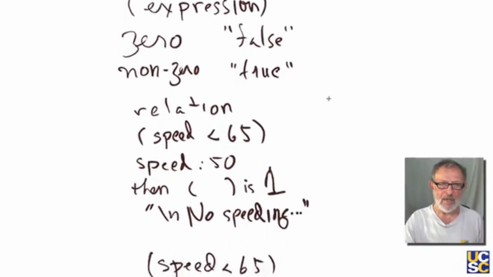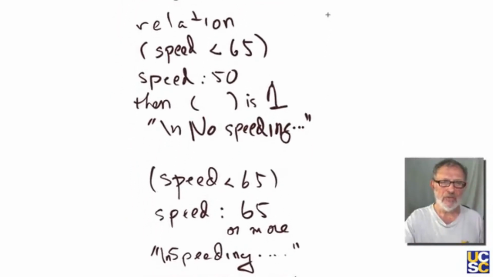And in the program we just wrote, the relation was speed less than 65. And for example, if you had entered for the speed 50, then that would be less than 65, then that was true, which means that that expression evaluates to 1, which means that the printf is going to print new line, no speeding ticket.